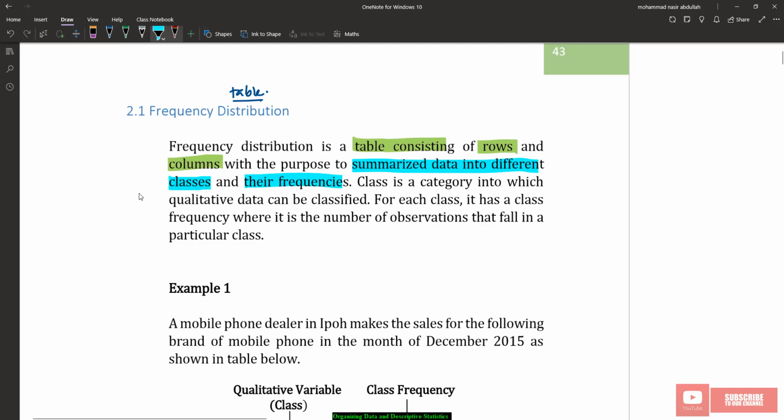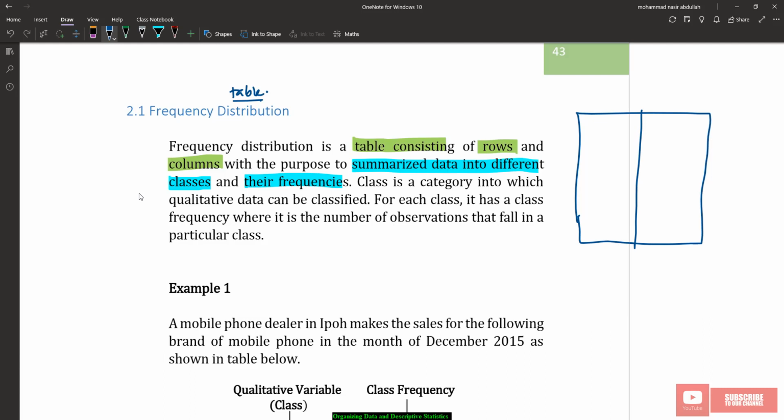So dalam frequency table, we have columns. First column, second column. In this column we have X, which is the class, and this is the frequency. The symbol for frequency is small letter f. It consists of two columns or more than two columns. This is the basic columns.